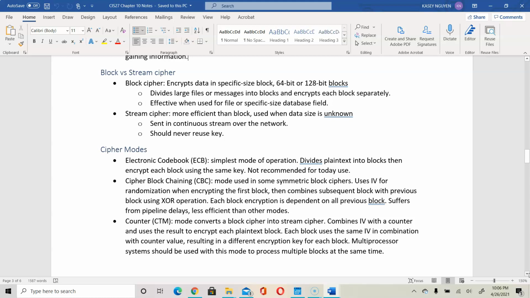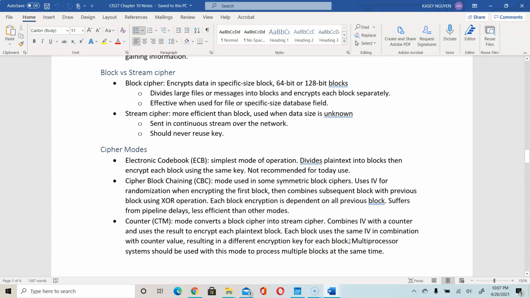The next mode is your counter, or your CTM, and this mode converts your block cipher into a stream cipher. It combines your initialization vector, your IV, with the counter, and it uses the result to encrypt each plain text block. Each block uses the same IV in combination with the counter value, resulting in a different encryption key for each block.